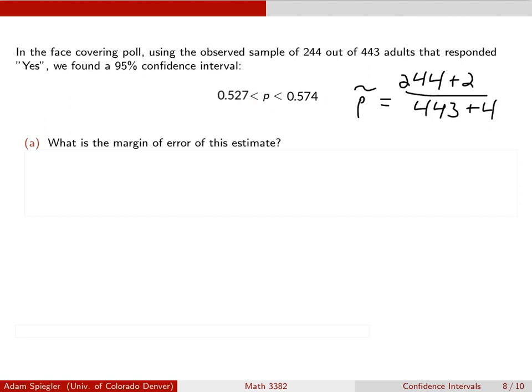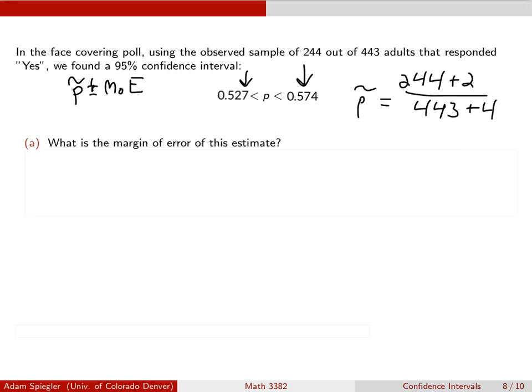So if we first want to consider what's the margin of error in this estimate, then we would say our plug-in principle estimator initially was p tilde. And so what I'd want to know, for example, is p tilde plus or minus this margin of error. When I go plus, I should get this one, and when I go minus the margin of error, I should get that one.